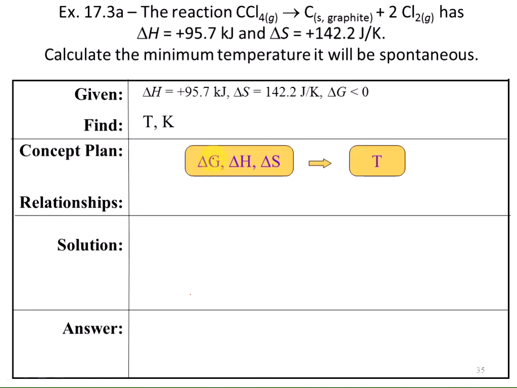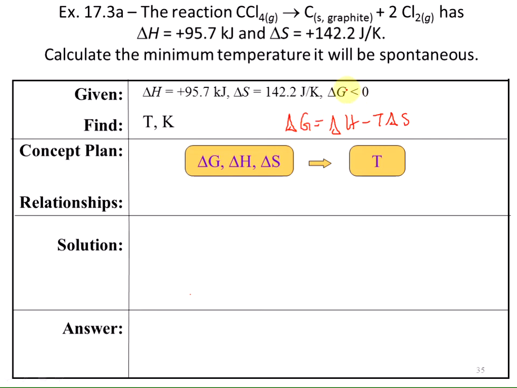So using delta G equals delta H minus T delta S. At 0 delta G, we know that the reaction's neither spontaneous nor non-spontaneous. That's kind of our set point. But we have to increase the temperature above that to get the reaction to be spontaneous. So what I typically do is I say, let's just make the delta G 0.